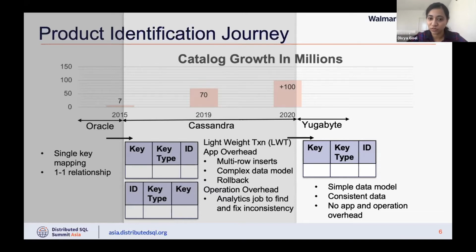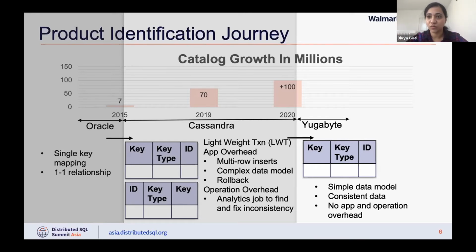A complex data model was created, and the application had to run various analytics jobs to find the inconsistencies that were created and to roll back those inconsistencies and fix the data so that our customers are not impacted, because if we have wrong mappings, the Walmart.com customers will be impacted.